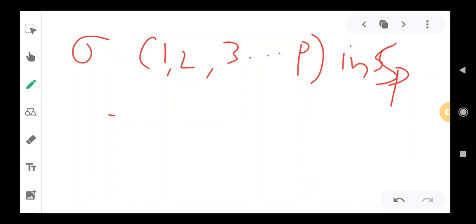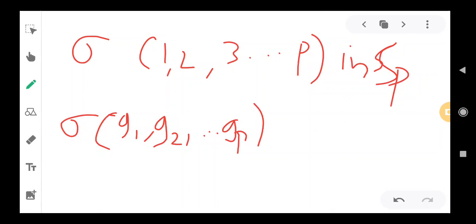So sigma is the cycle (1 2 3 ... P) in S_P, and we are letting this sigma act on X. X is the set of all P-tuples (G1, G2, etc., Gp). So we are letting sigma act on this tuple. We know that sigma acting on X gives sigma of X.